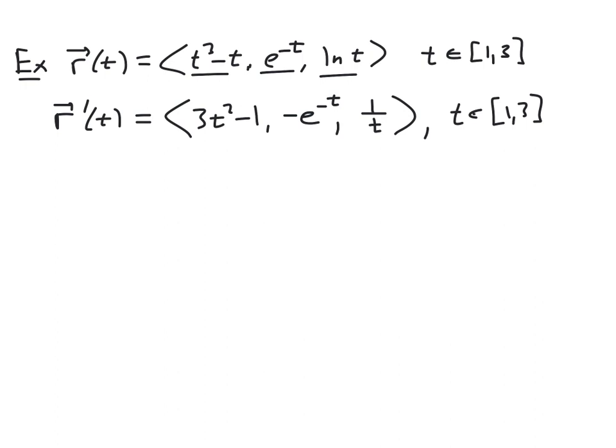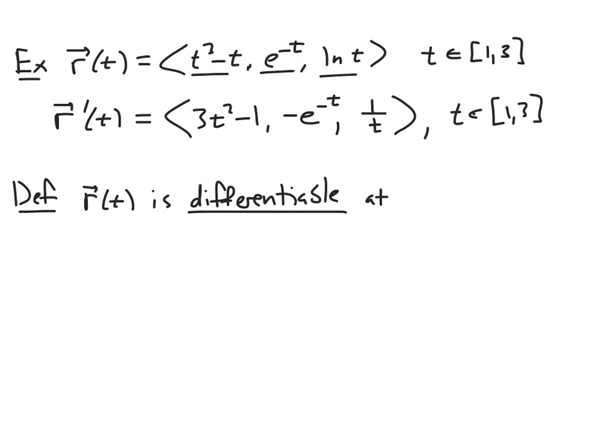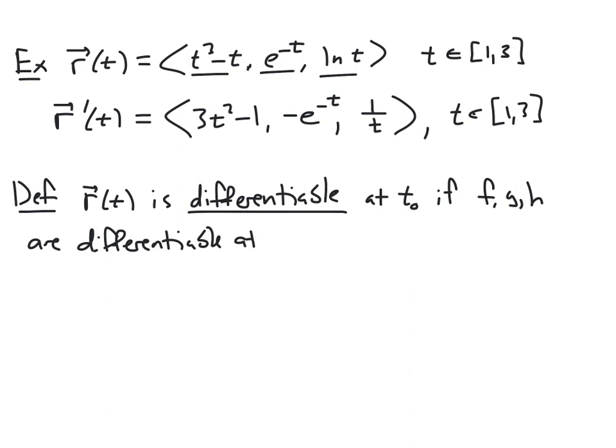Right. Now, before we go on, we do want to define a couple terms that will be useful going forward. So the first one is we're going to say that a vector function r of t is differentiable at some value t naught, if my three component functions f, g, and h are differentiable at t naught.